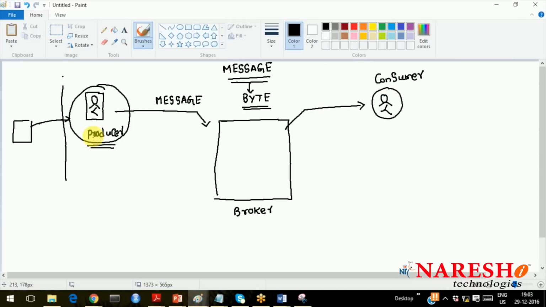So in our example, the waiter is the producer who writes the data into our order queue, and the kitchen guy is the consumer who consumes the data from there and gives it to the target applications like Hadoop.